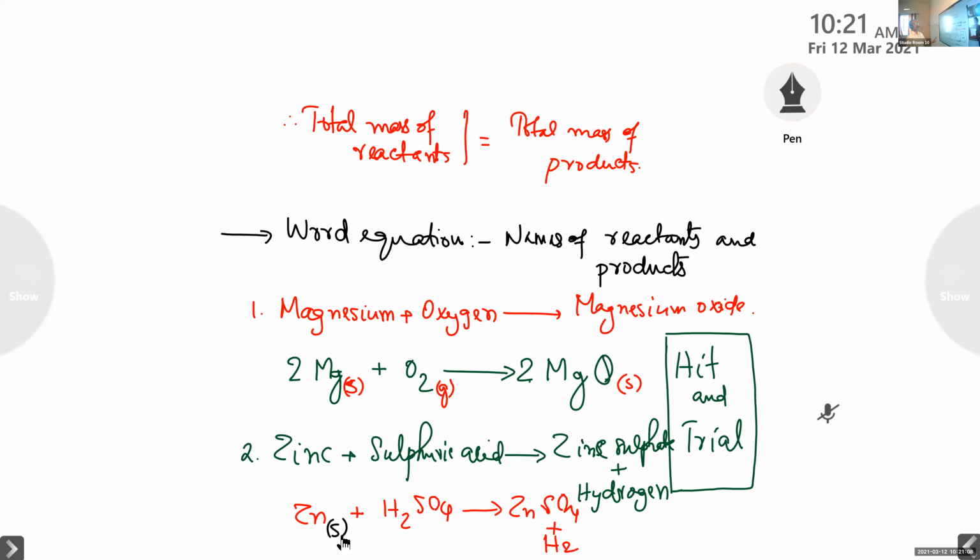We are writing S as a suffix, at the right hand, bottom side. Not in the same line. I shall show you.